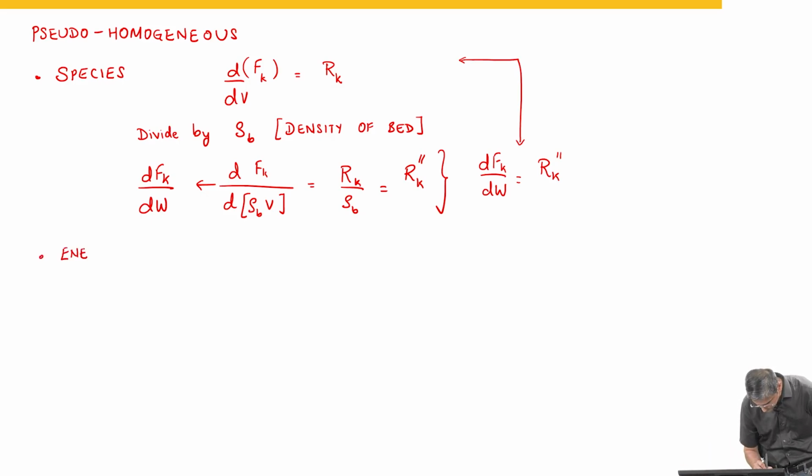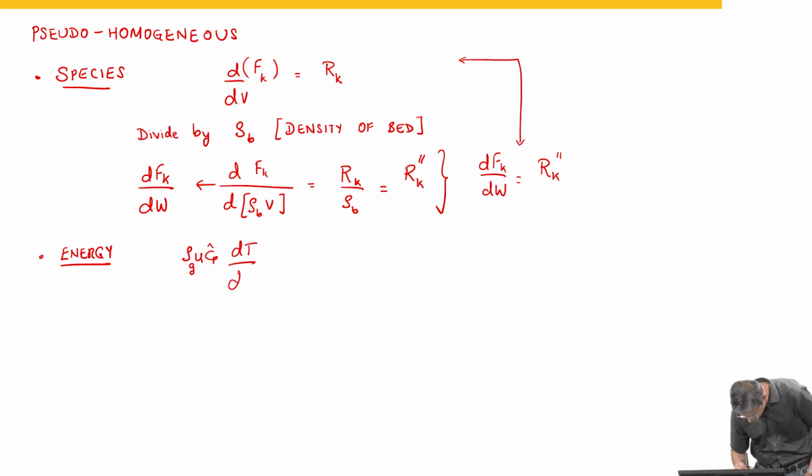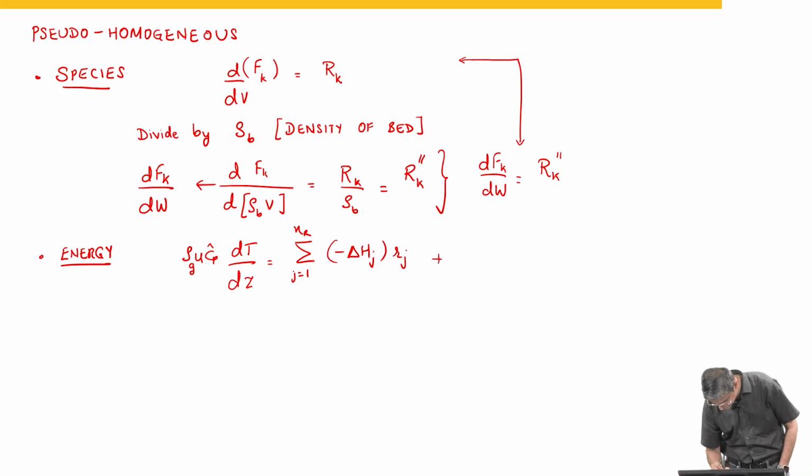Energy balance, where Q is the heat transferred, multiplied by the area of heat transfer divided by volume.